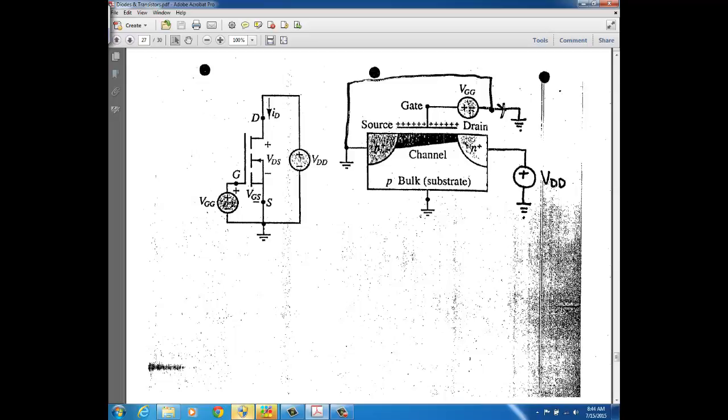And as the cross section of the channel increases, the resistance of the channel decreases. So as I put more positive voltage on the gate, I'm getting a wider channel and therefore less resistance in the channel.